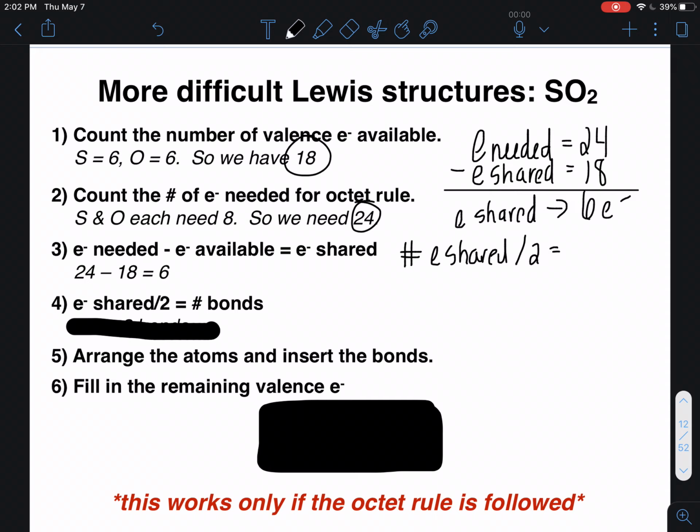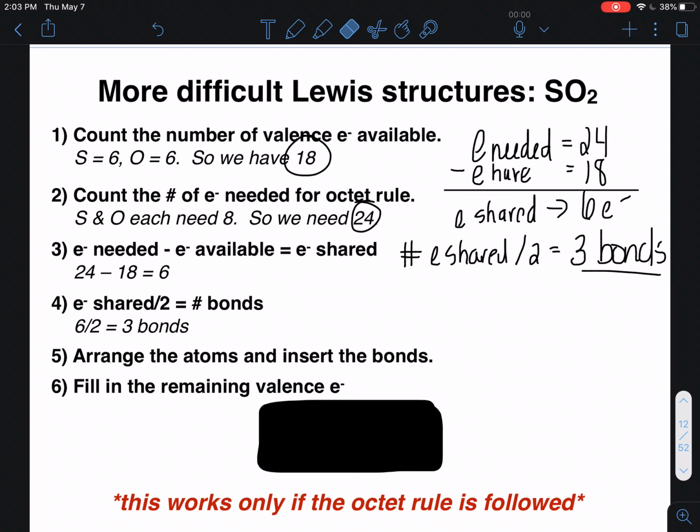So 6 divided by 2 is 3, which means we have 3 bonds. We took the E shared, which we got from E needed minus E have, sorry, I said E shared earlier, my bad. So E needed minus E have equals E shared, and then E shared divided by 2 gives us the number of bonds.